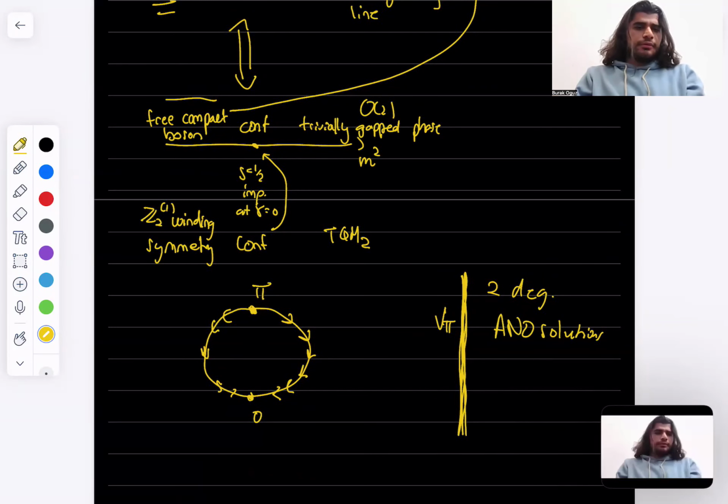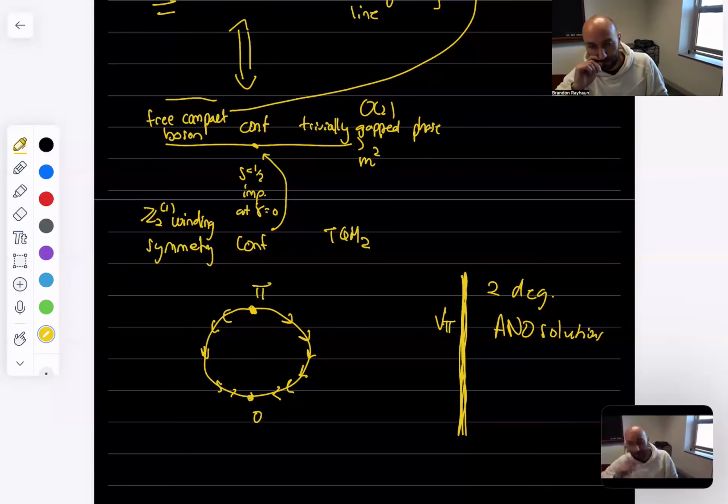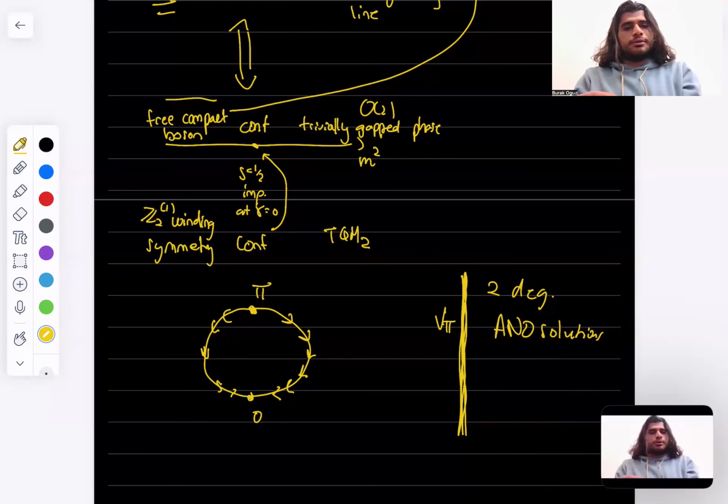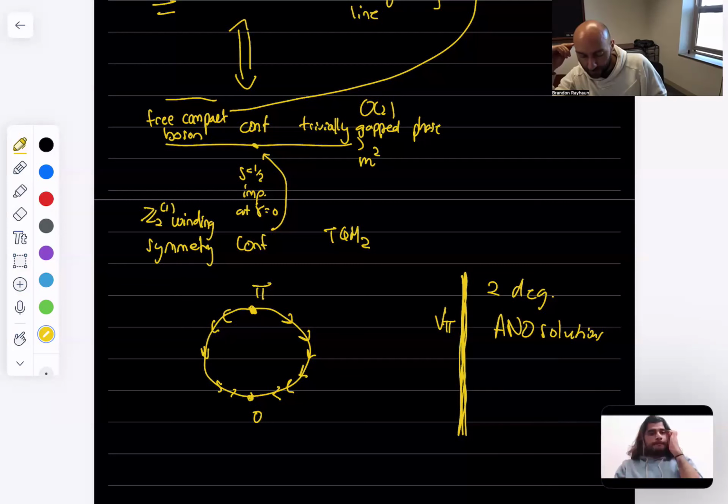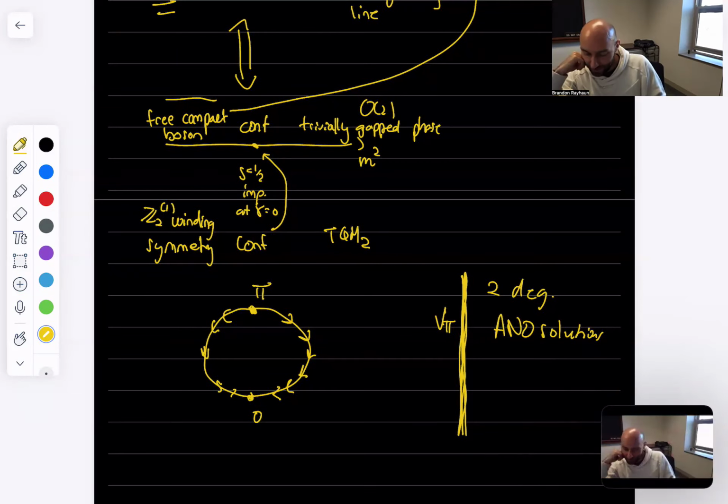Yeah, kind of. But I don't know if any topological object exists in the O2 model that can behave like that. Right. So the first order answer is I'm not sure, and I should think about this.